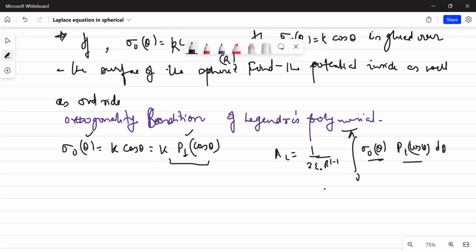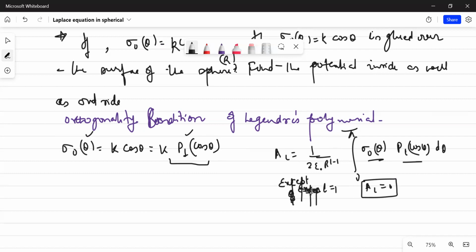So except L equals 1, all the ALs would be 0. Is that clear? L equal to 1 wala AL would give you something, but otherwise all AL would be 0. Because sigma naught cos theta is P1 cos theta, so if I place P1 cos theta here, it will only give me a non-zero result if L is equal to 1. Otherwise, if L is not equal to 1, then AL would be 0.